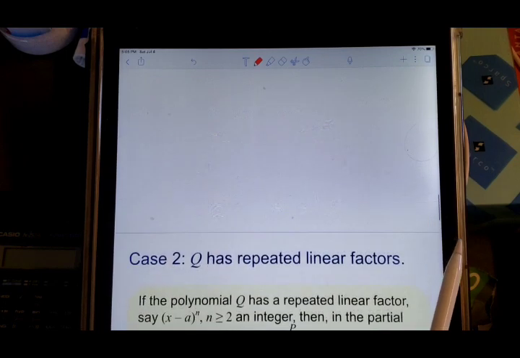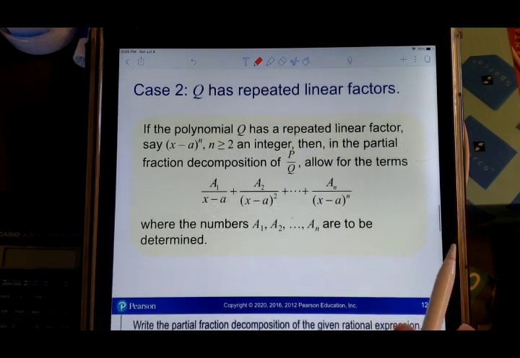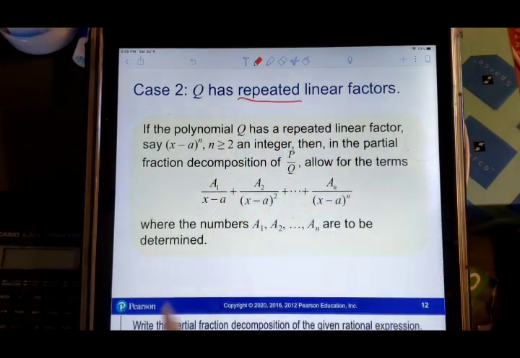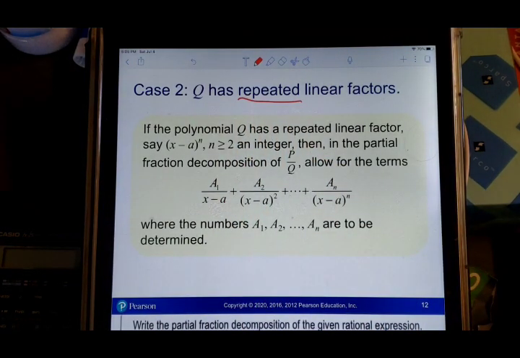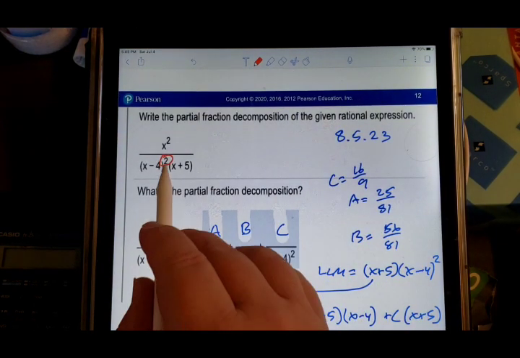So, case 2, let me just write this out. The difference between the one I just did and this one with repeated linear terms is this exponent right here. When you have a square, sorry, I'm off the screen. I circled that too right there.